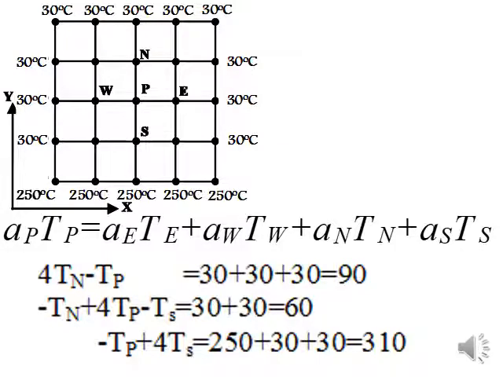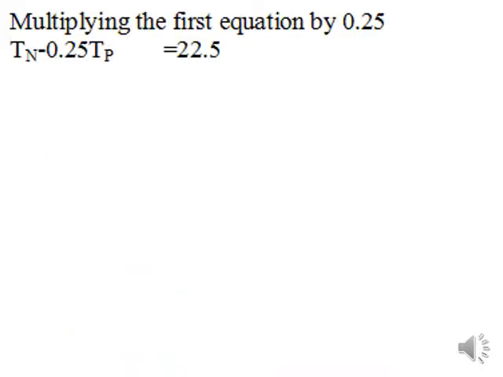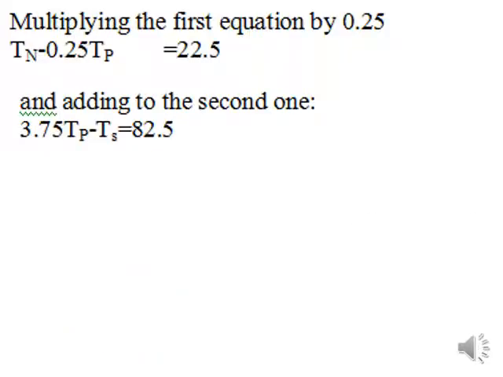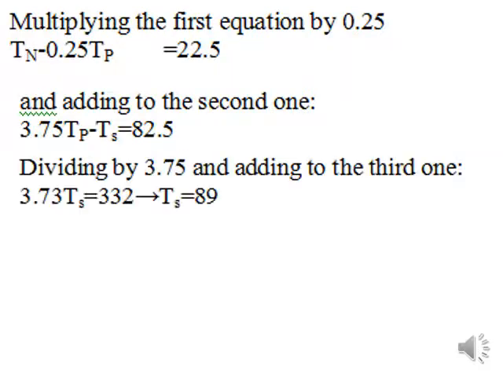So for example, if you divide the first one by 4 and add it to the second one, it seems that in the second one I will be left up with 3.75 Tp, and Ts is nothing to happen, while you will take quarter of 90, which is 22.5, plus the 2.5. So this is what's exactly stated.